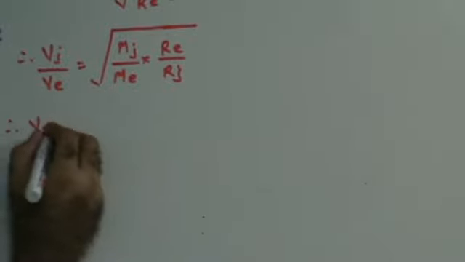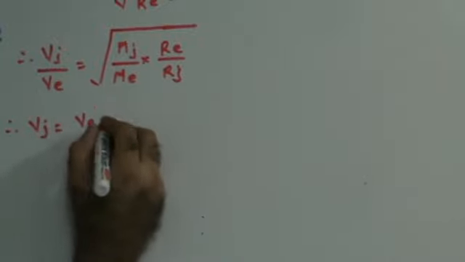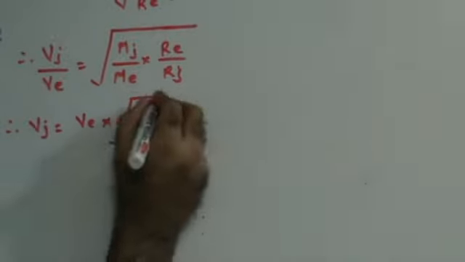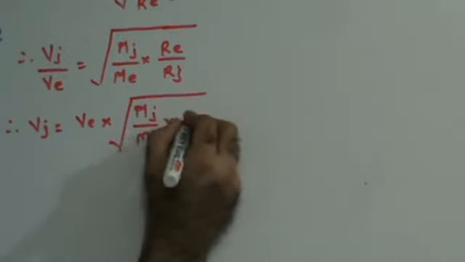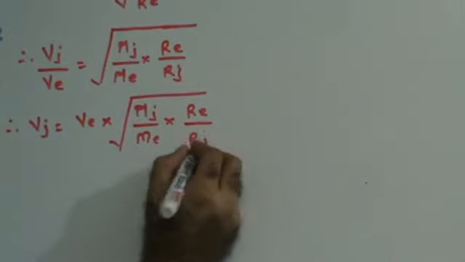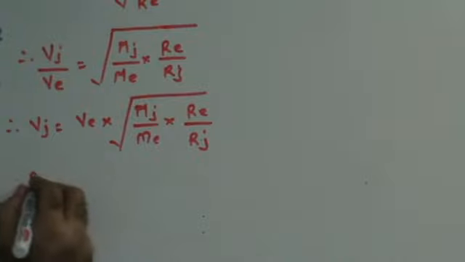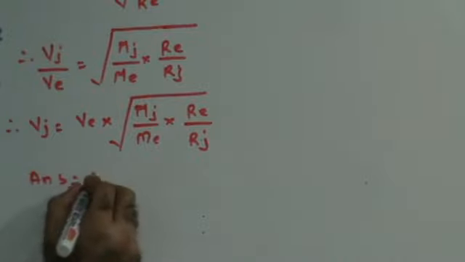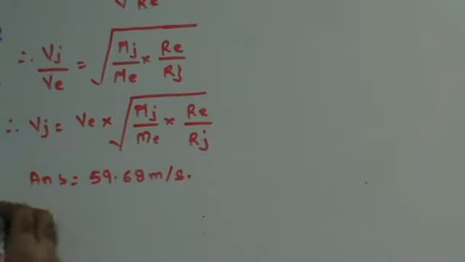So escape velocity from Jupiter is escape velocity from Earth into square root of mass of Jupiter upon mass of Earth into radius of Earth upon radius of Jupiter. Substitute the values and you will get the answer. The answer for this sum should be 59.68 meters per second. Next.